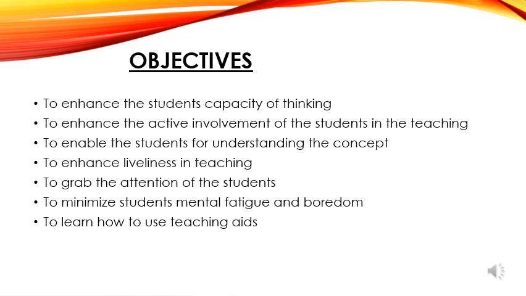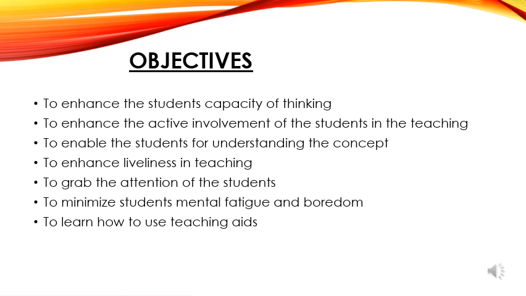Then the next one is to grab the attention of the students. If the teacher is practicing the skill of stimulus variation, the students will have their attention towards the teacher and the lesson. They will not lose their attention, and the teacher can easily grab it. The next one is to minimize students' mental fatigue and boredom. Mental fatigue means mental tiredness.